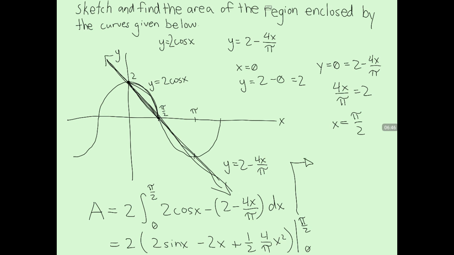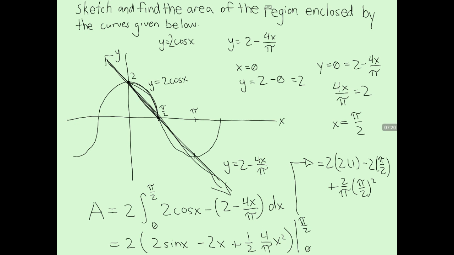So if we continue, we get 2 times sine of pi over 2, which is just 1, minus 2 times pi over 2, plus, and we can simplify this to 2 over pi, and then pi over 2 squared.